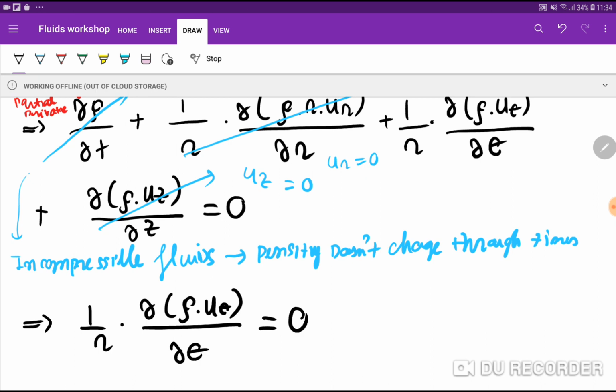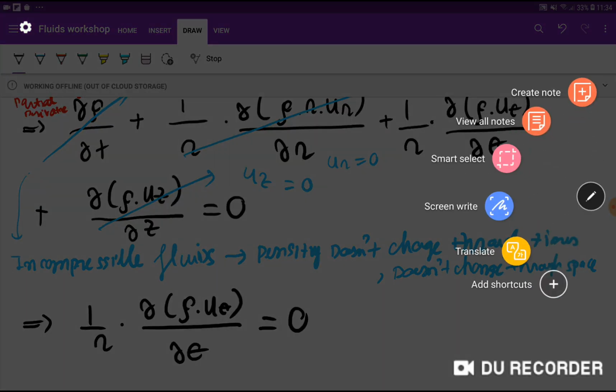We know that density doesn't change through time, and density doesn't change through space. What does it mean? It means that in this case, density is a constant.